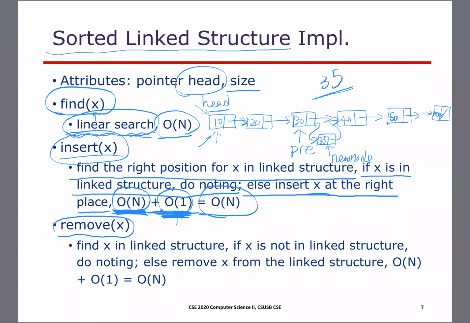And then remove element X. We find X in the linked structure. If X is not in the linked structure, we do nothing. We want to remove element X, but X is not in the linked structure, so we cannot remove it. If we find X in the linked structure, then we remove X from the linked structure. In fact, we remove the node containing element X. Here, to find X, we use linear search.